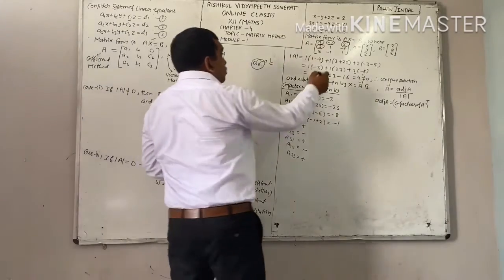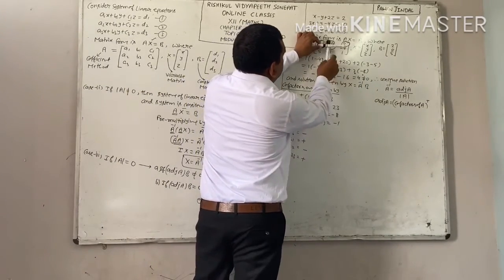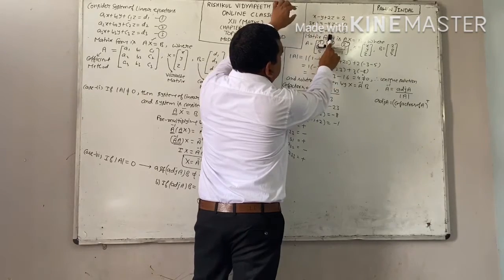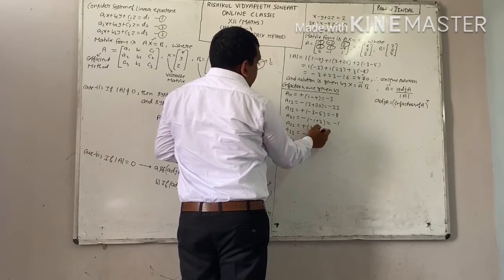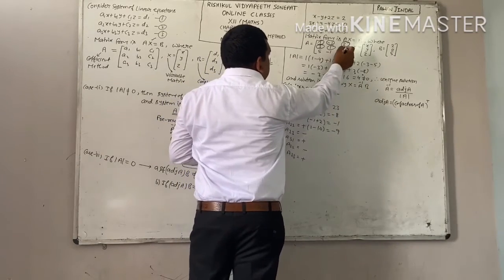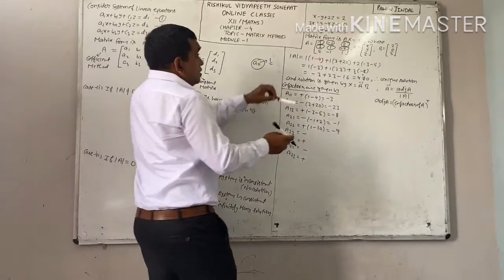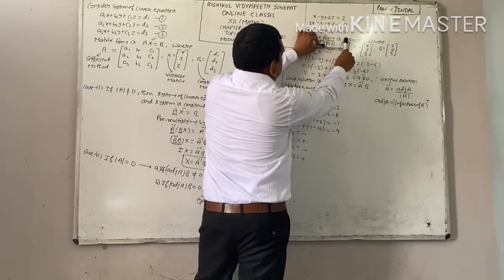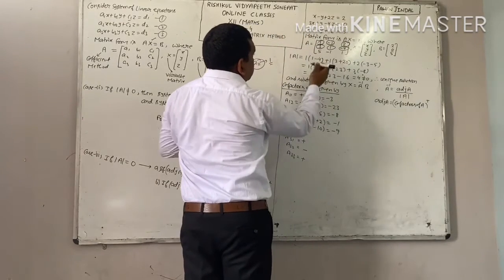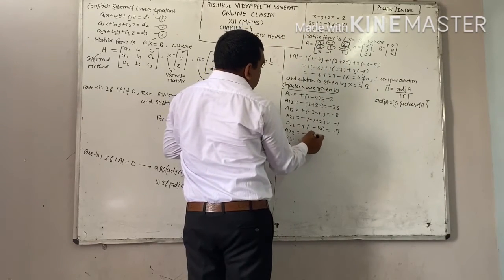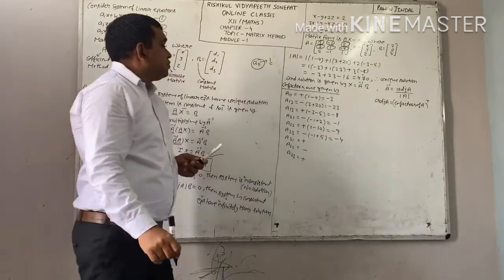Next, A22, this one. Horizontal cancel out and vertical cancel out like this. Right? Now you will write down, this will become 1 minus 10, minus 9. Now A23. Cancel horizontal entries and vertical like this. You will get 1 minus 1, 5 minus 1. This is your minus 1 plus 5, minus 4.